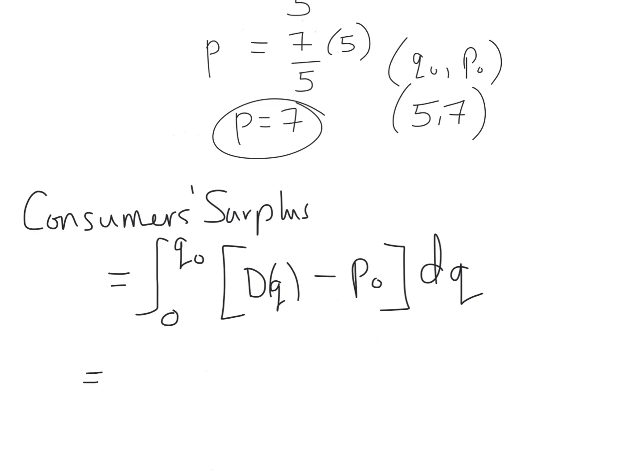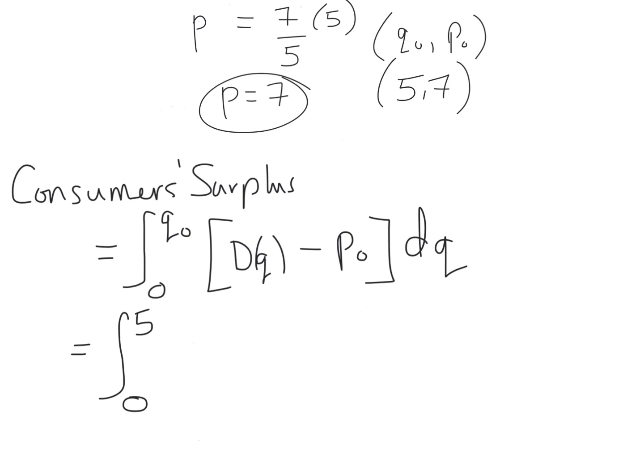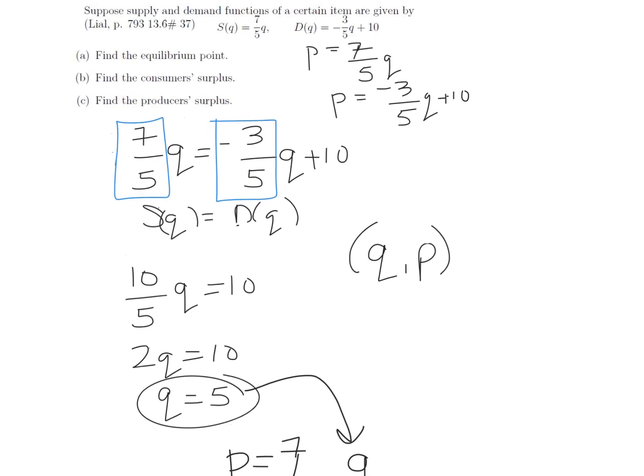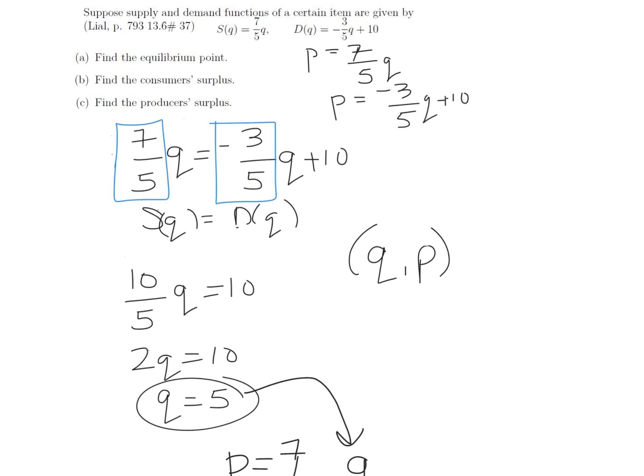Okay, so our equilibrium quantity is 5. Our demand function, let's go back up and see what that was. It was minus 3/5 Q plus 10, yeah?